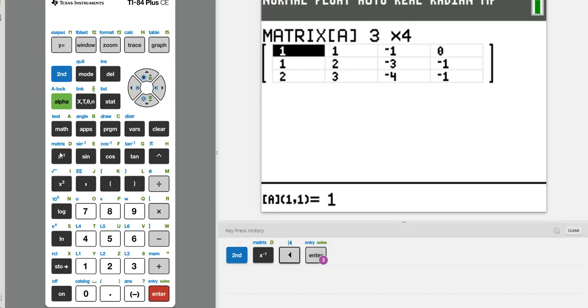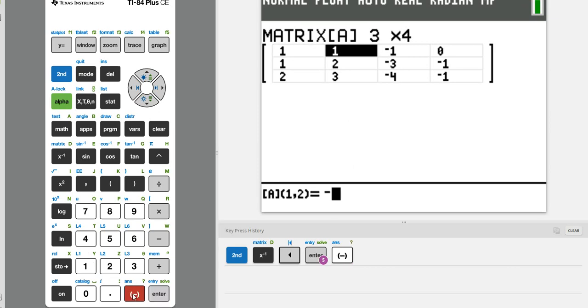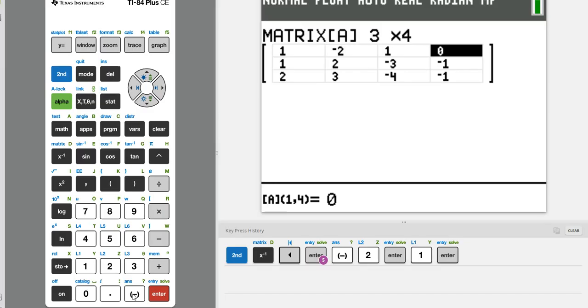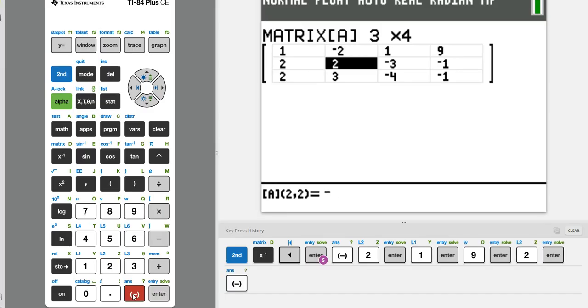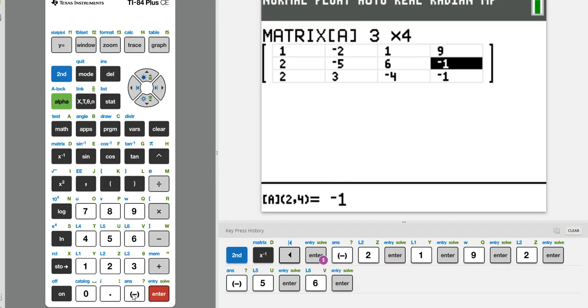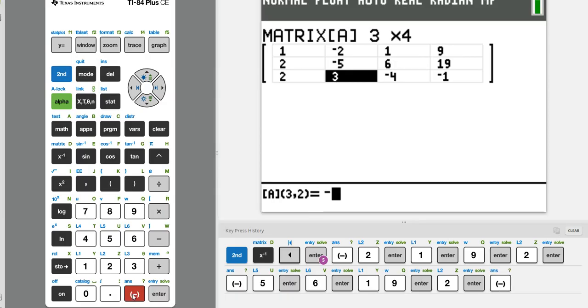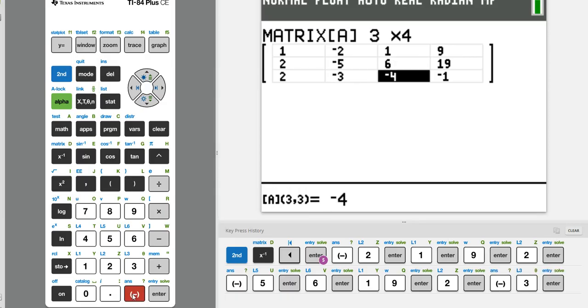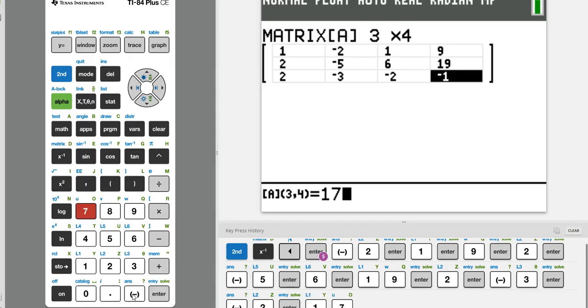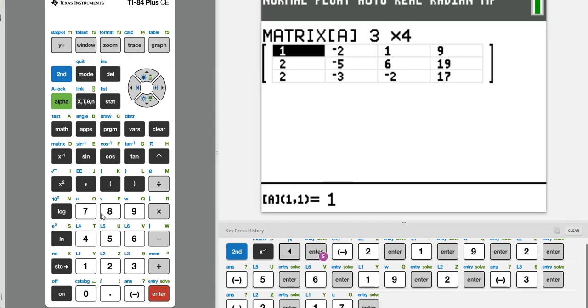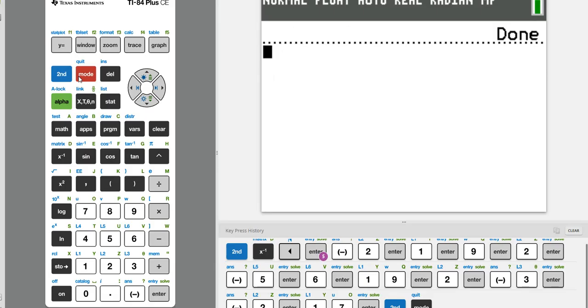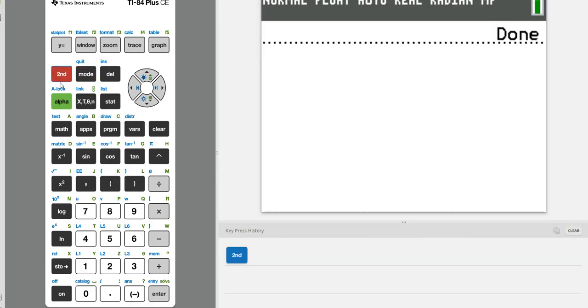It's still a 3x4. 1, -2, 1, and 9. 2, -5, 6, and 19. 2, -3, -2, and 17. Let's exit out of there and then double check our matrix.